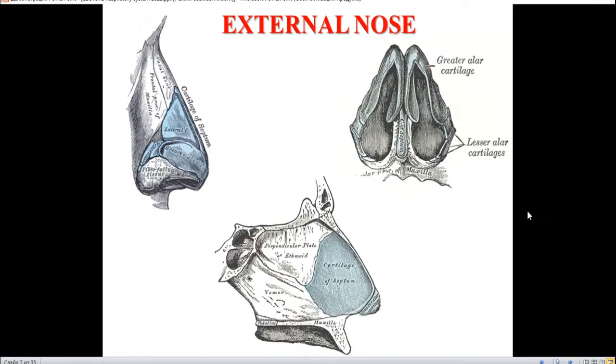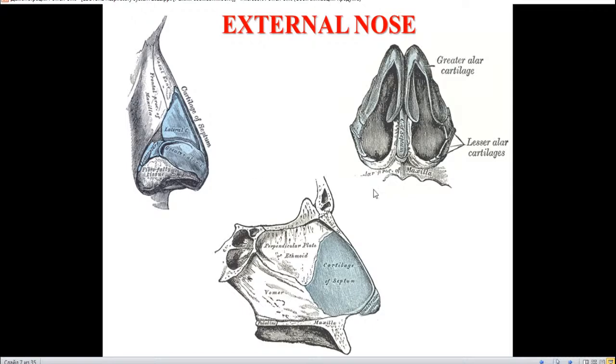So the initial organ of the respiratory system is the external nose. The external nose consists of a bony part and a cartilaginous part. The bony part is formed by the nasal bone and the frontal process of the maxilla.